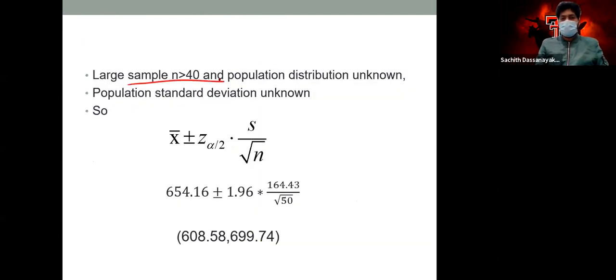See, it's greater than 40. We still don't know about the population, so don't say the population is not normally distributed. We don't know that. But for the sample, we can assume that it is normally distributed. Clear? So then you can simply use this equation. Okay, clear? I'm going to stop at this point.